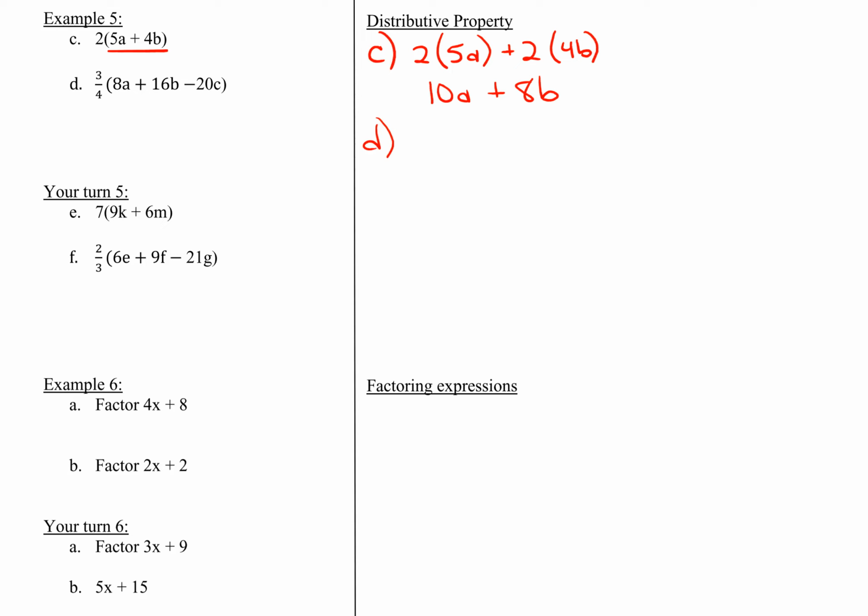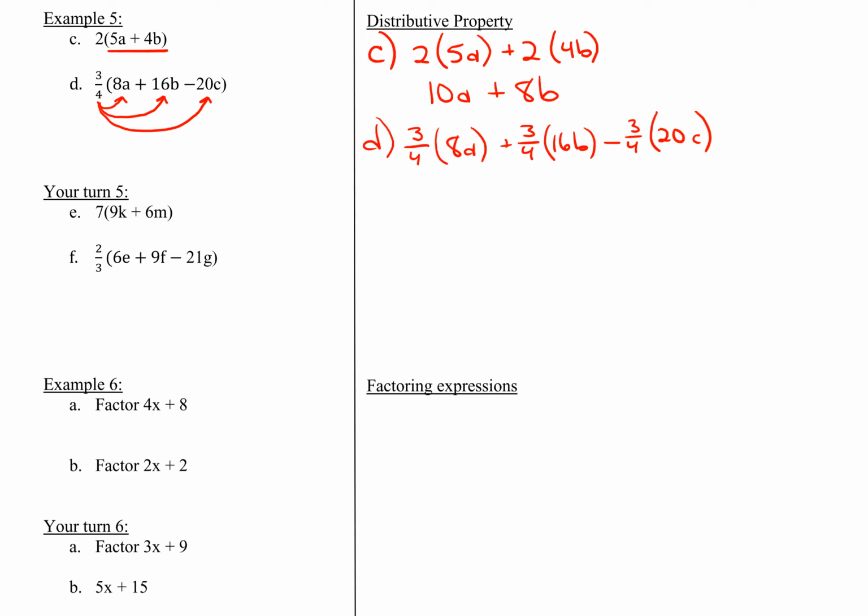So look at example D. We can distribute this 3/4 to 8a, 16b, and 20c. So 3/4 times 8a plus 3/4 times 16b minus 3/4 times 20c.